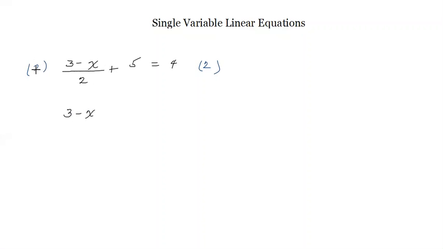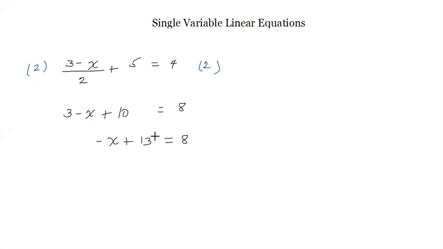But then I've also got to multiply this 2 by 5. So that's plus 10. And then 4 times 2 is 8. So now I'm going to put the like terms together. So this is 3 and 10. Those are constants, so I can add those. So I'm left with minus x plus 13 is equal to 8. 3 and 10 is 13.